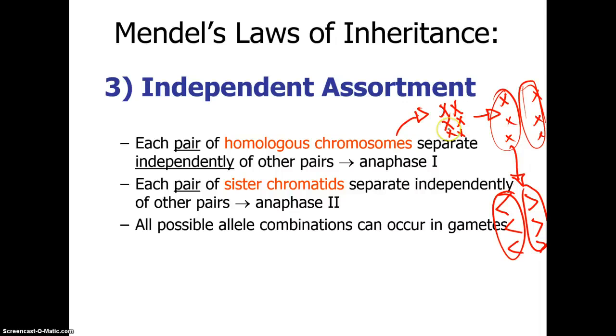When they line up in metaphase, you could have mostly dad or mostly mom on this side, and then vice versa over here, or it could be equal. It's just a totally random mix-up of these chromosomes.